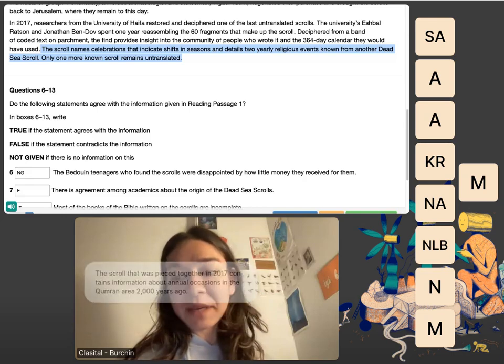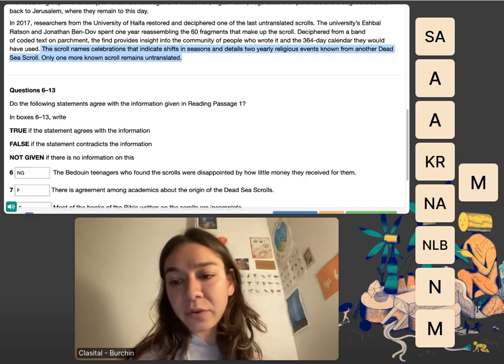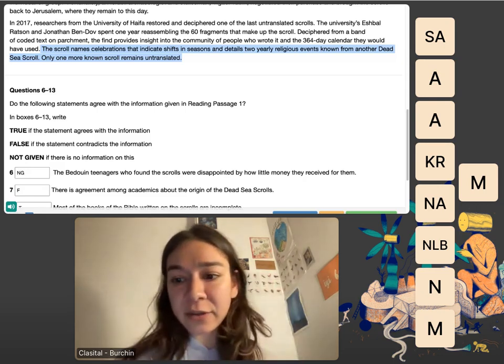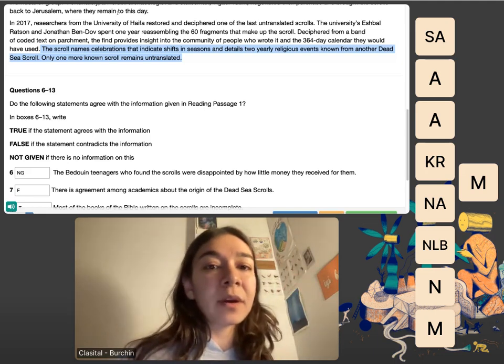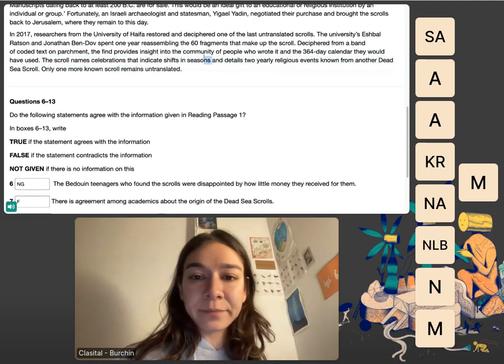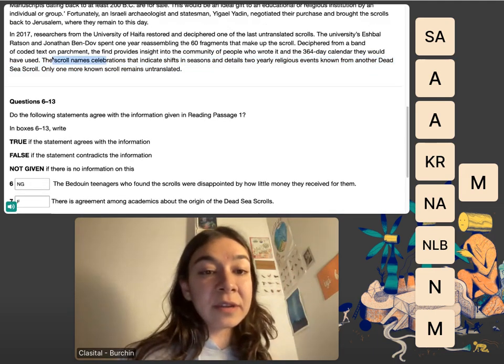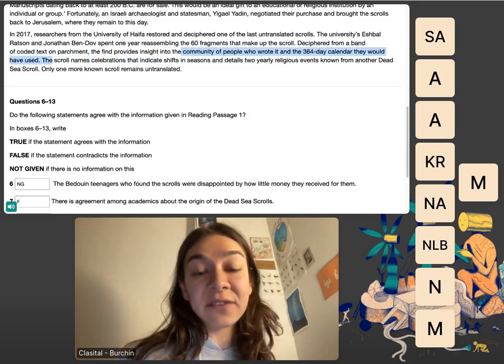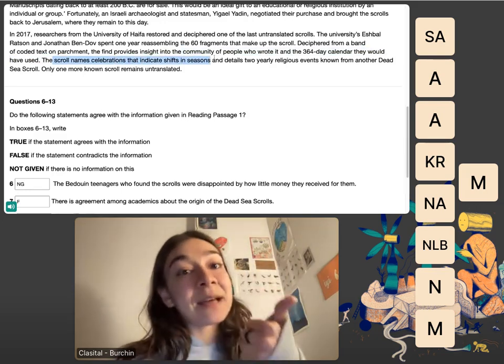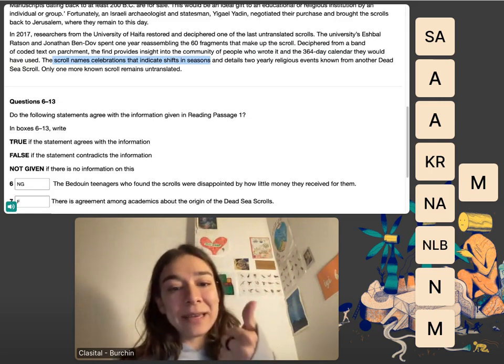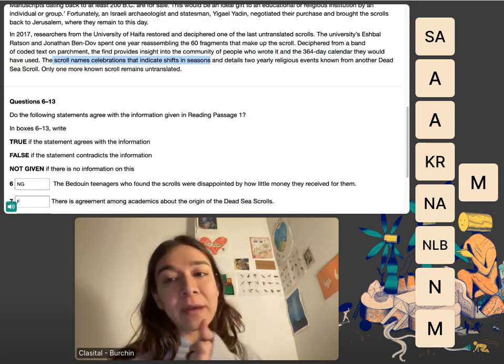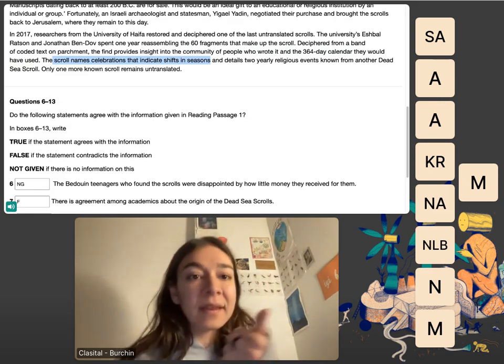The scroll that was pieced together contains information about the annual occasions in the Qumran area 2000 years ago. From here, the scroll names celebrations that indicate shifts in seasons. This is something they do yearly, so this is an annual occasion.